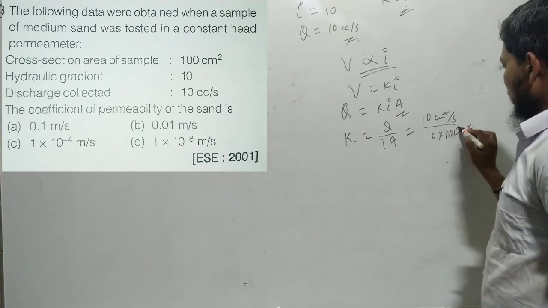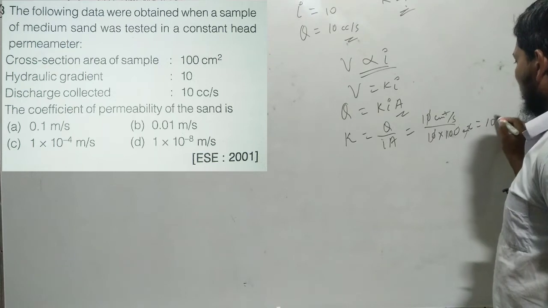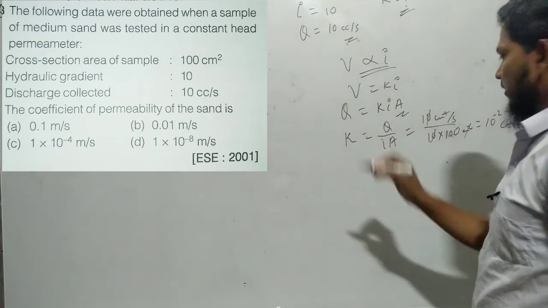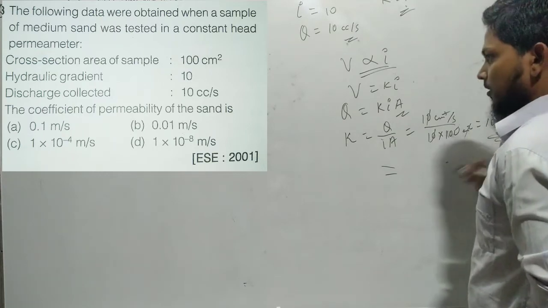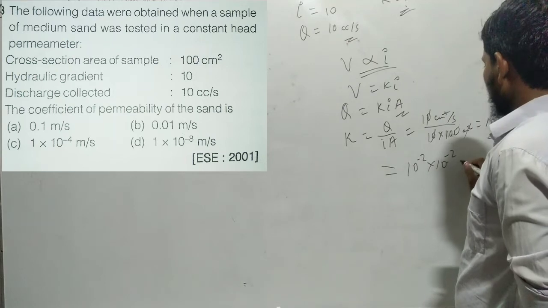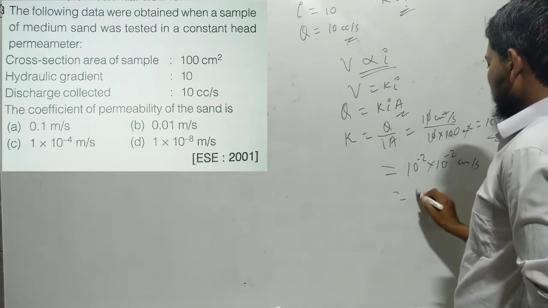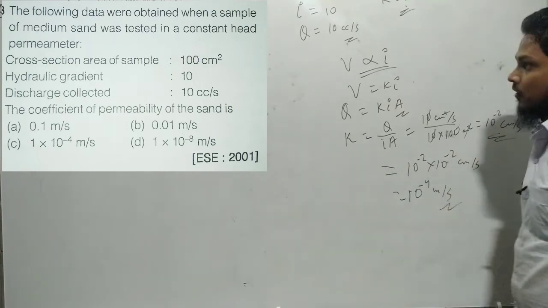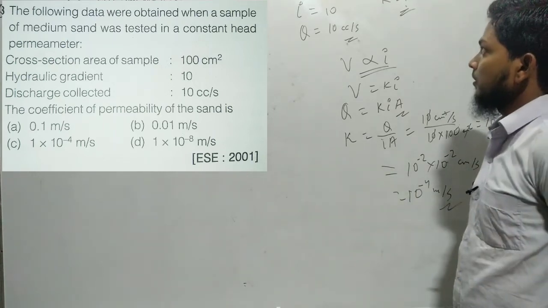So it is 10 to the power minus 2 centimeter per second. As the question asks for meter per second, 10 to the power minus 2 into 10 to the power minus 2 meter per second, that is 10 to the power minus 4 meter per second. I think the concept should be clear.